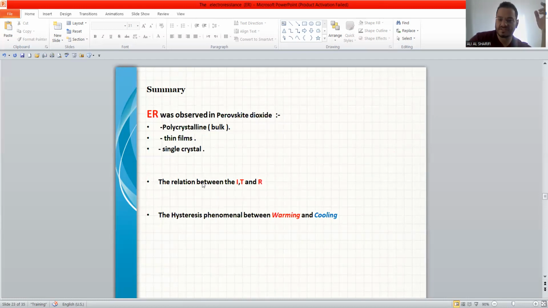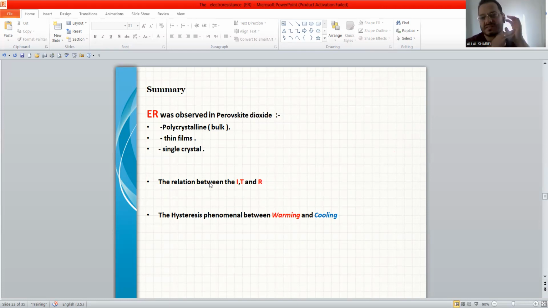Here, electric resistance was observed in three situations: polycrystalline bulk, thin film, and single crystal. The relation between temperature, current, and resistance: when the current was applied, the resistance decreased, with some difference between the temperature amounts.